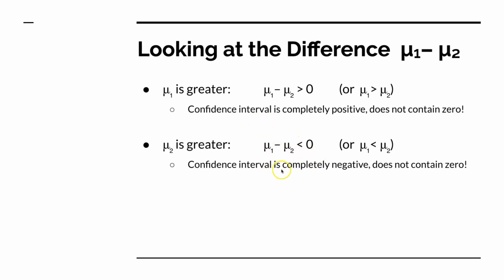So when the confidence interval is completely negative, okay, it does not contain 0, then what we get to say is mu1 must be smaller than mu2. Or in other words, mu2 is bigger than mu1. So that's how you can look at whether the confidence interval is completely positive or completely negative to estimate which population has a bigger average.